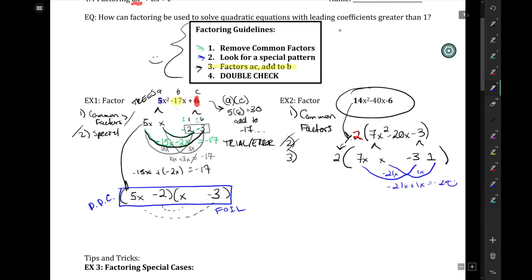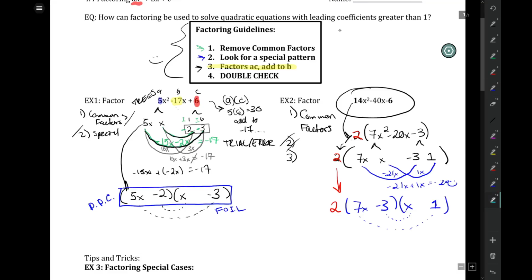So, writing everything in the end, we have that 2 that's hanging out. And what we just determined was we need 7x to go to 1, and we need x to go to negative 3.